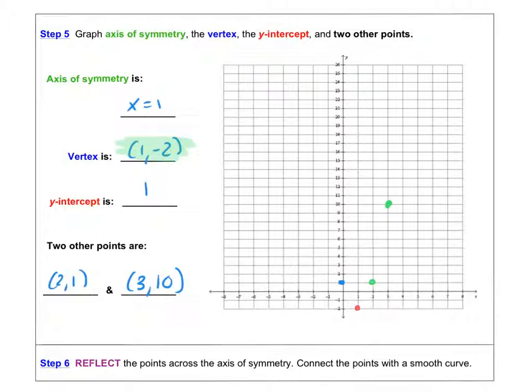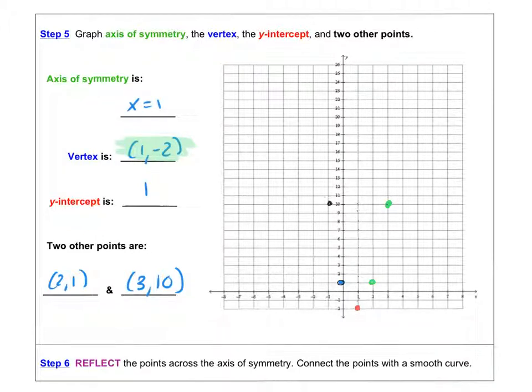Then step 6 is you can reflect those points across the axis of symmetry, so I can draw a mirror image of this parabola. I'll do that in black. If I reflect the green points, I have the y-intercept that we already knew. For the other one, I can go up from the vertex, counting up 12, and over 2 the other way.